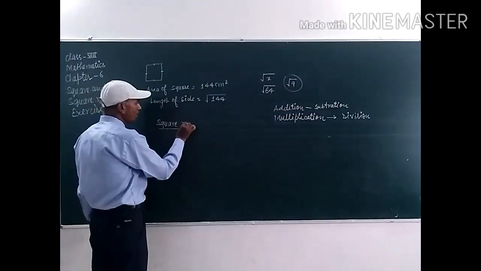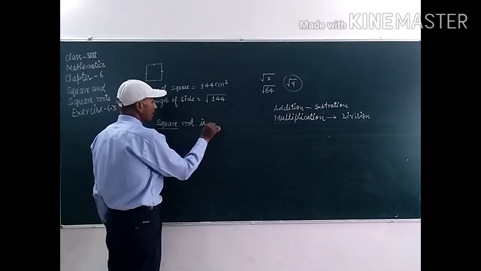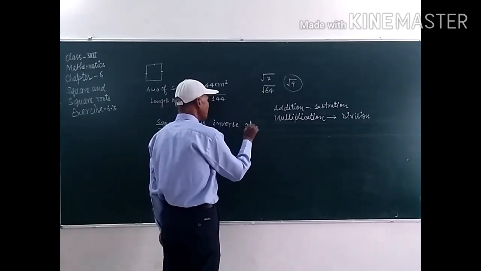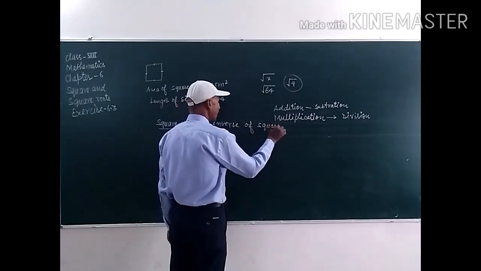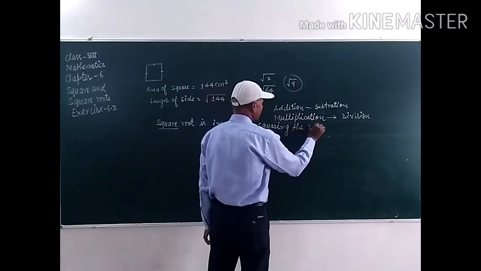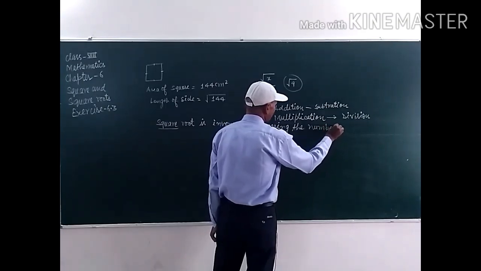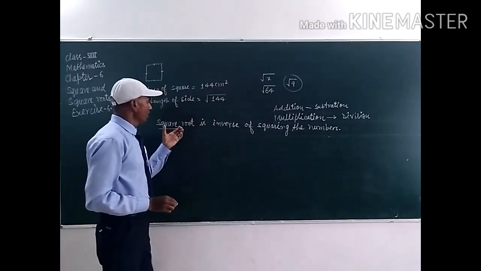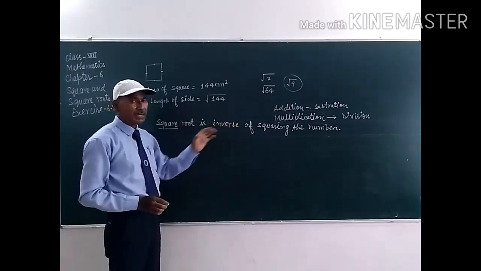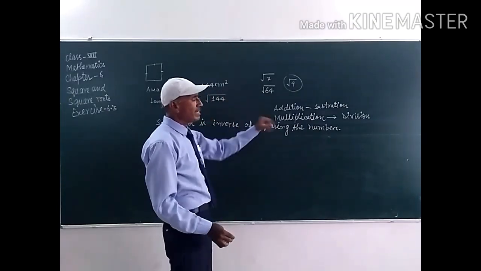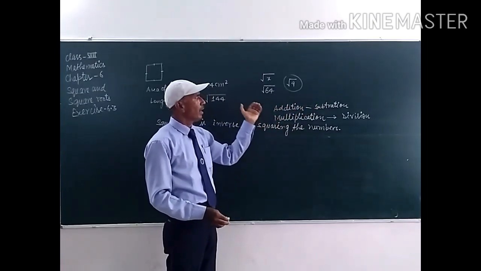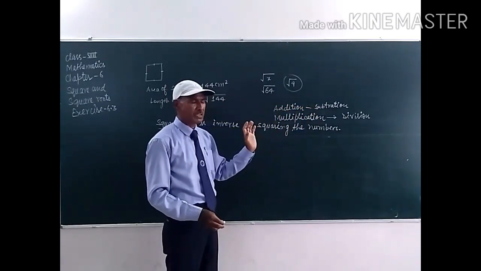Similarly, square root is the inverse of squaring the number. Clear, friend? Square root is the inverse operation of squaring numbers. Inverse operation means opposite operation: the opposite of addition is subtraction, and the opposite of multiplication is division, student.